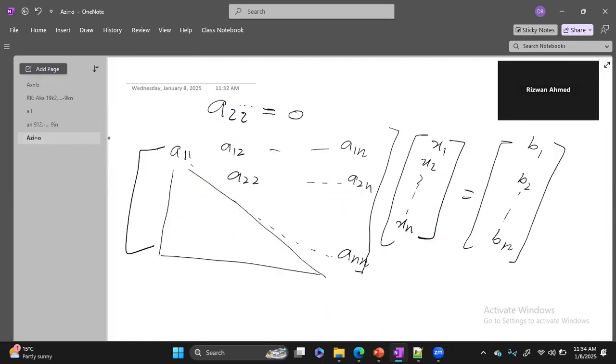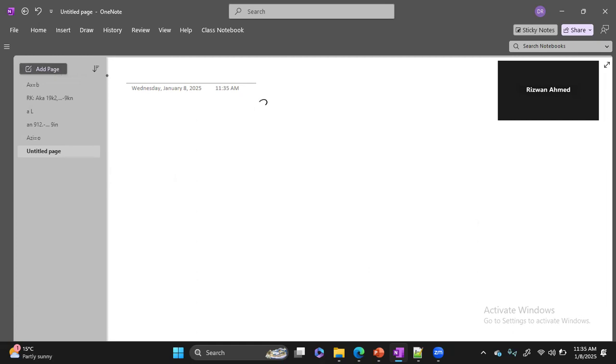But the Gauss-Jordan algorithm is numerically expensive as compared to Gauss elimination plus a back substitution program, in which we start substituting the values of x in the reverse order to get the next value of x in the previous equation. So for completeness, from the last equation, we have ANN xn is equal to bn.